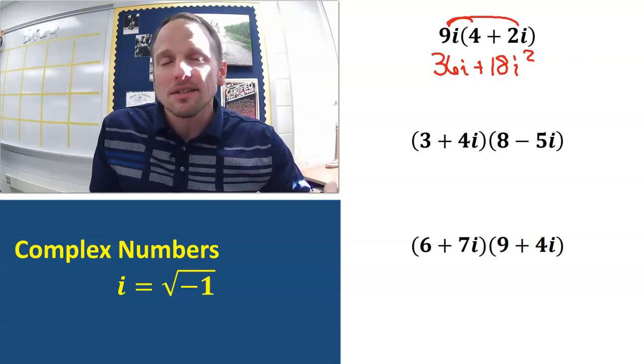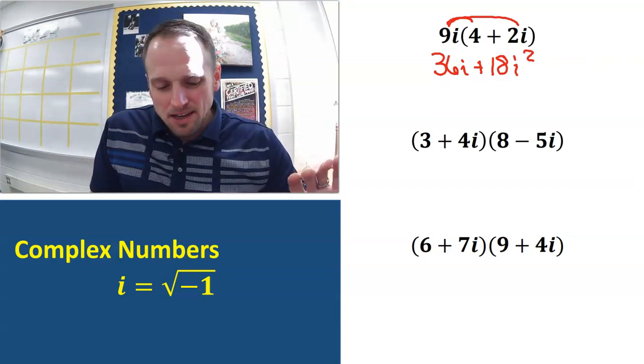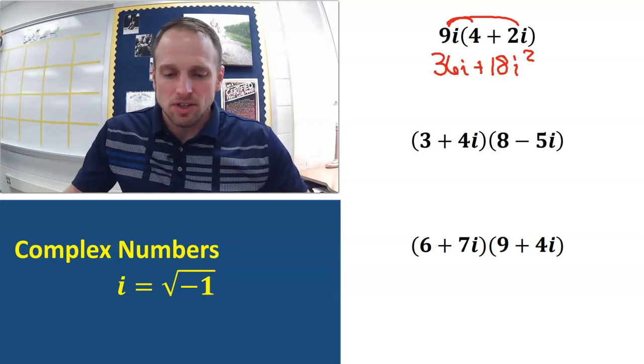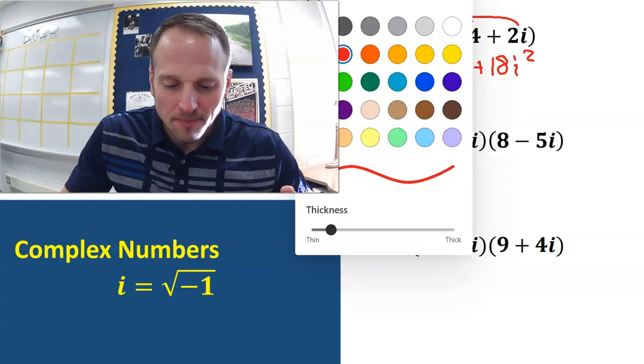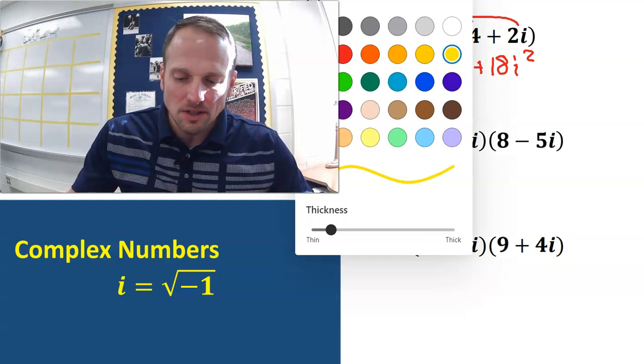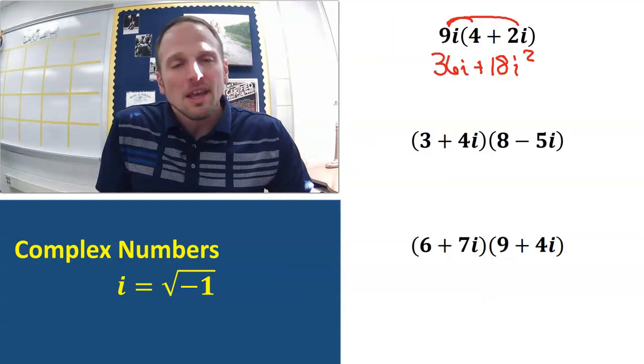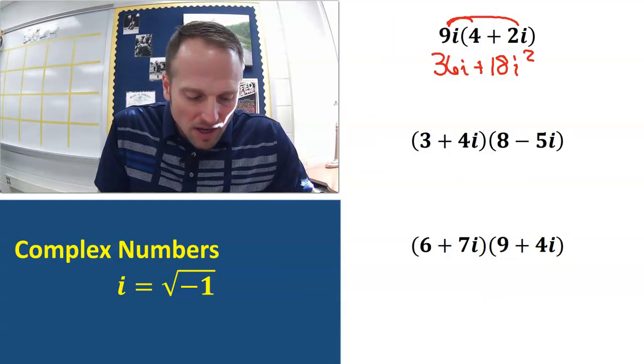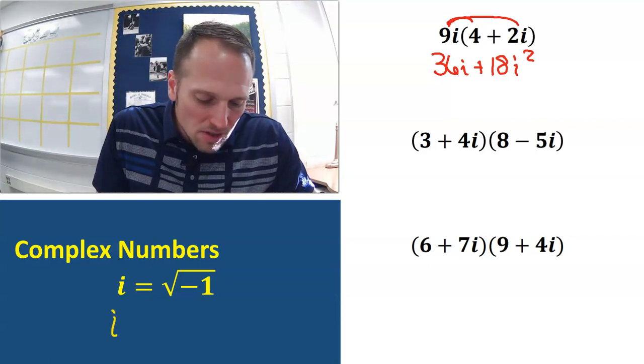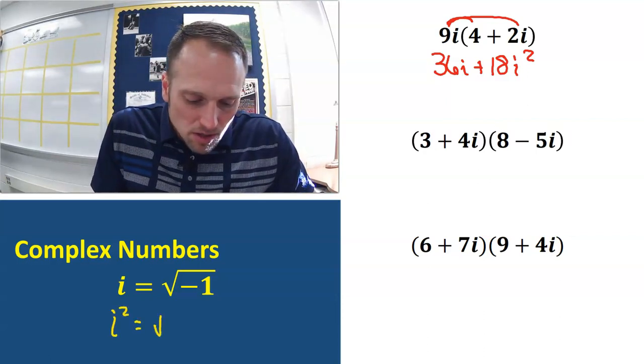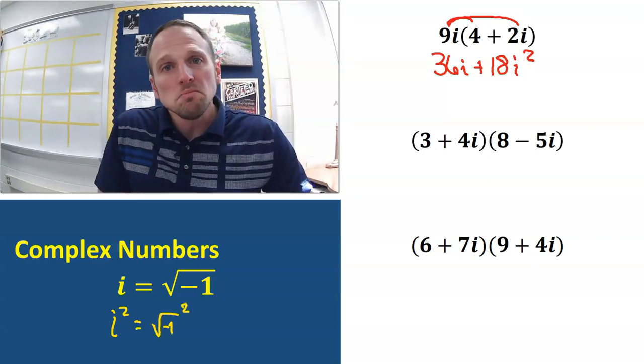And this is a tricky concept to understand, okay? Watch this. Let's come back to the blue over here. If i is equal to the square root of negative 1, then i squared is equal to the square root of negative 1 squared, right?